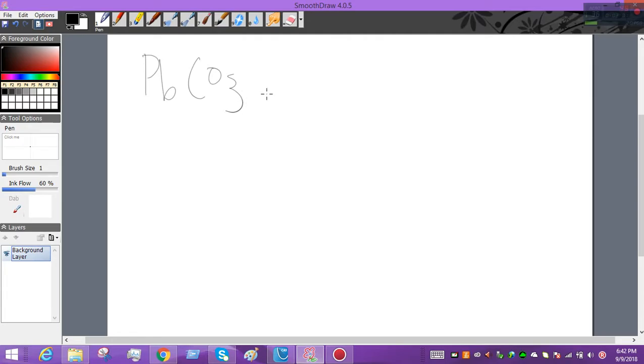Sorry, I forgot the last line. It says all lead compounds are insoluble, so it's a net ionic reaction. So we're going to write the original reaction, and that gives PbCl2 plus H2CO3. If I were to quickly balance this, there we go.